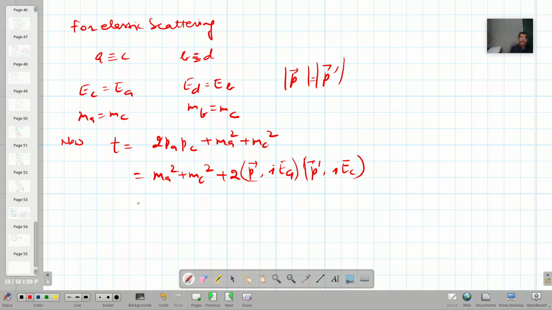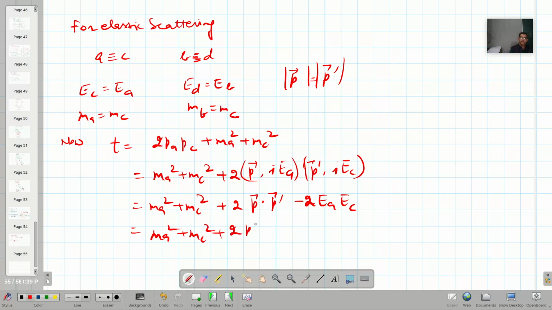So it is m_A square plus m_C square plus 2 p dot p prime, it is minus twice of E_A and E_C, it is m_A square, m_C square plus 2 p p prime cos of theta minus 2 E_A E_C. So E_A and E_C are equal, and this is also equal.